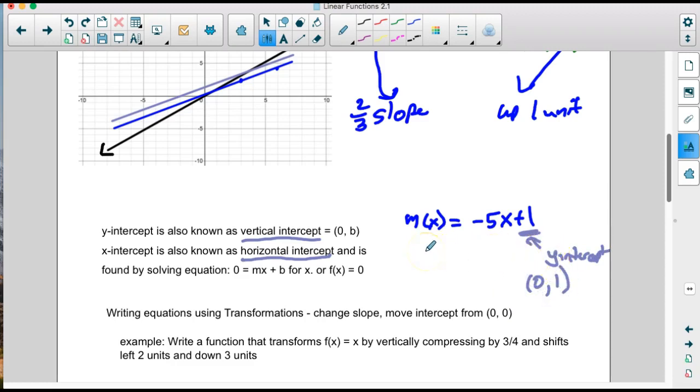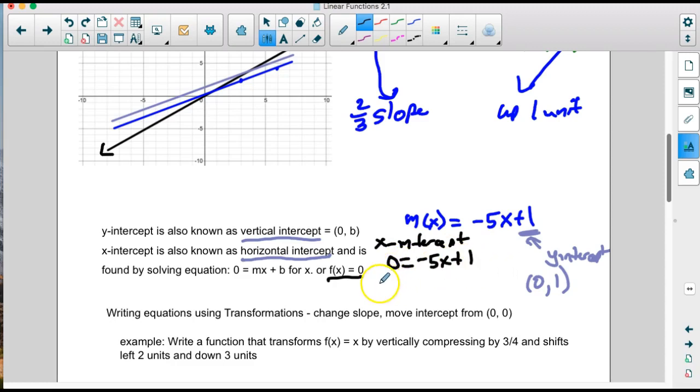Now the x-intercept is found using the function and setting it equal to 0. So the x-intercept is found by going 0 equals negative 5x plus 1 and solving that.